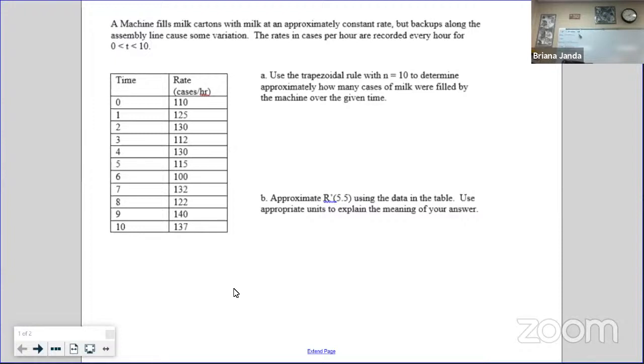Okay, so your height would have been 1, and the trap rule says to take your height, divide that by 2, and then take the first base plus 2 times the second base plus 2 times the third base, plus keep doing that until you get to the second to last base, 2 times the second to last base, and then the last one is by itself, and type all that in your calculator.